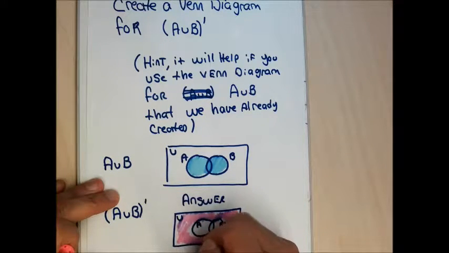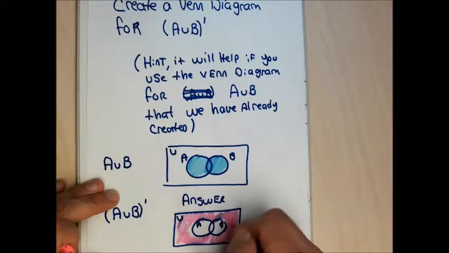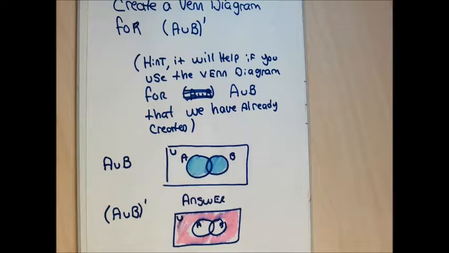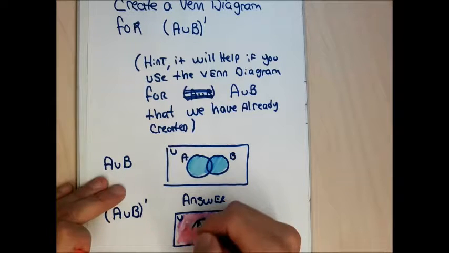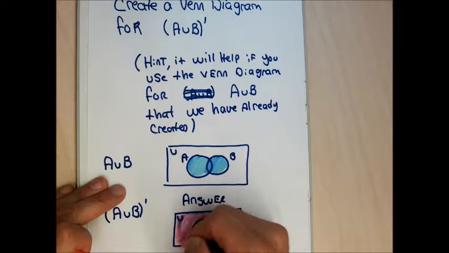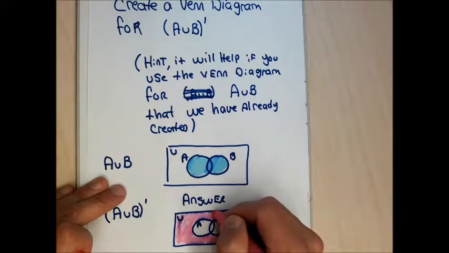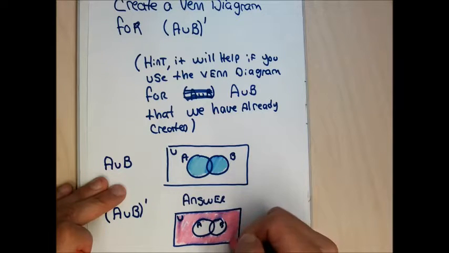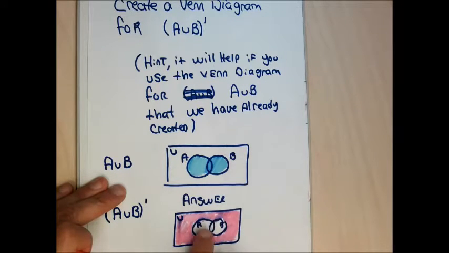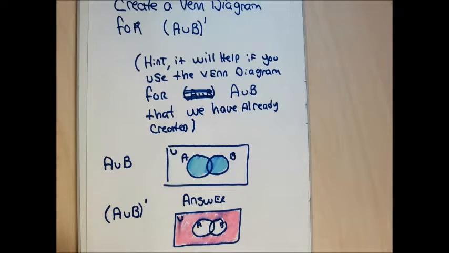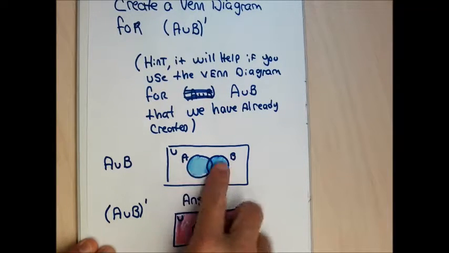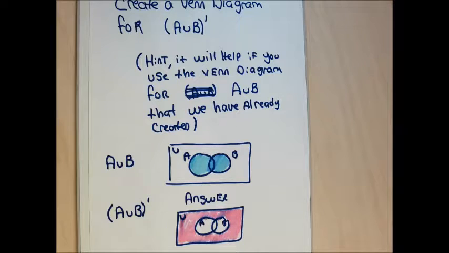A union B is the inside of the circles A and B, so A union B complement is going to be the outside of those circles. I shouldn't be shading anything inside the circles to represent A union B complement, although some of my shadings went over the line. We'll have to understand that I draw worse than a 3-year-old. This is the complement of that, which means basically I whitened those and darkened everything outside the circles.